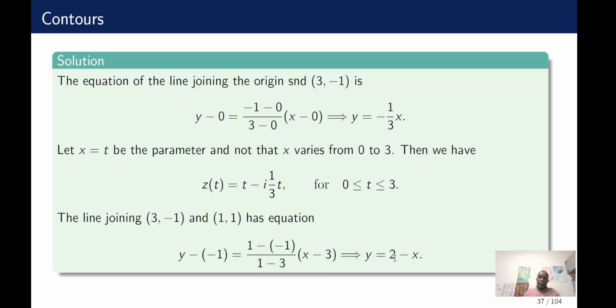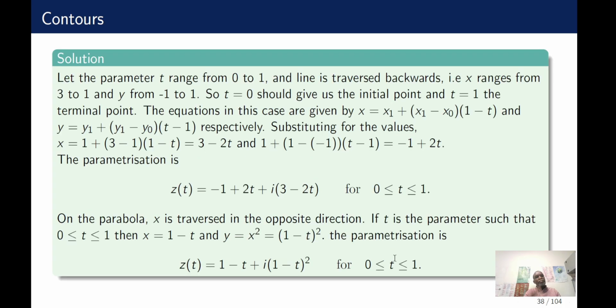Again, this time we want the parameter to range from 0 to 1. And the line is traversed backwards, because x will range from 3 to 1. It's going backwards, and y is going to range from -1 to 1.